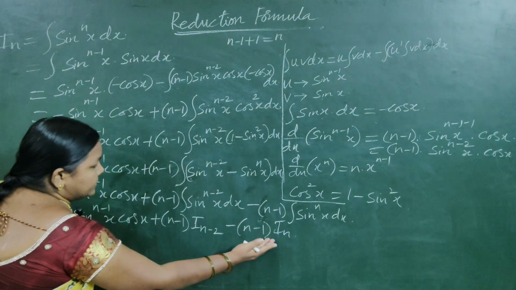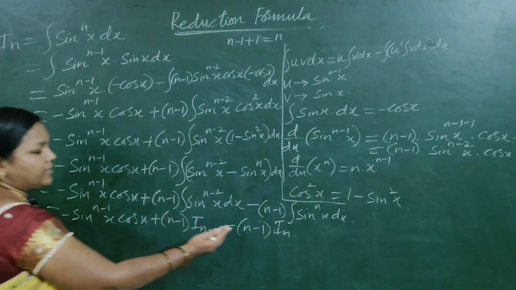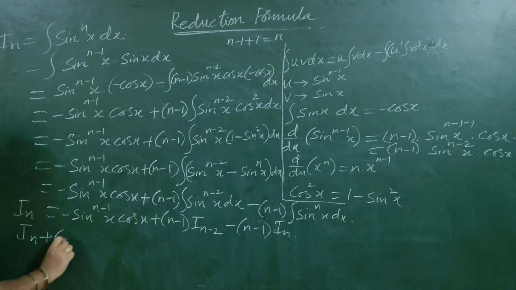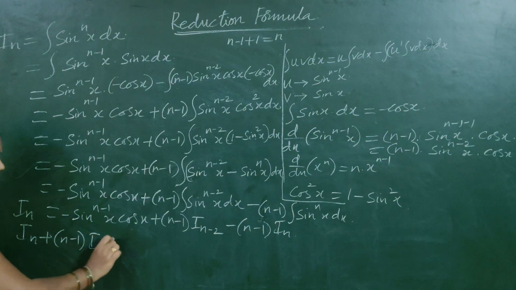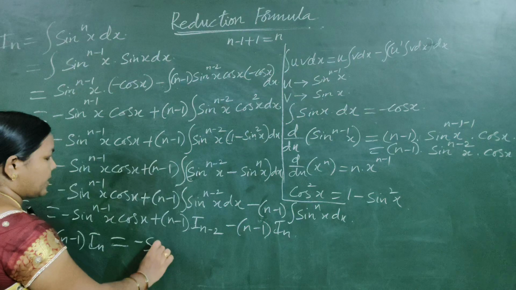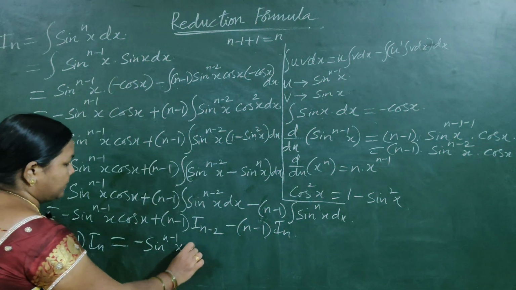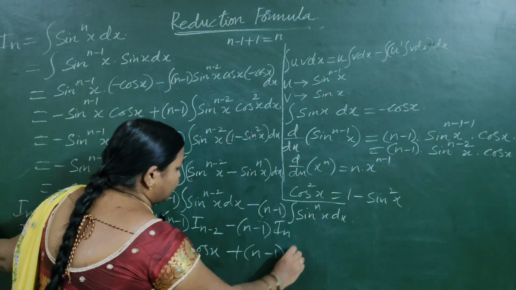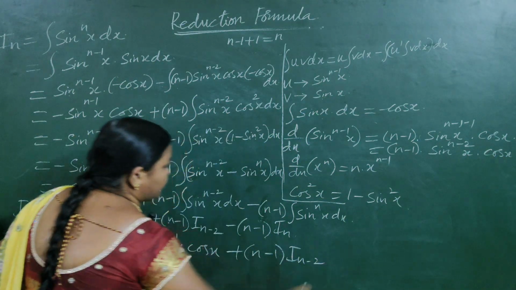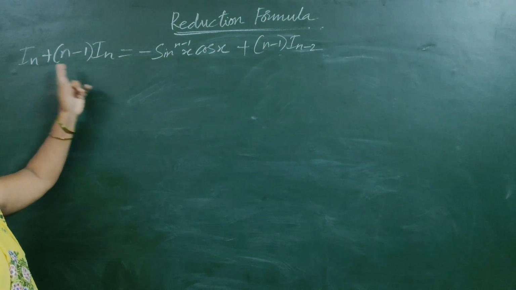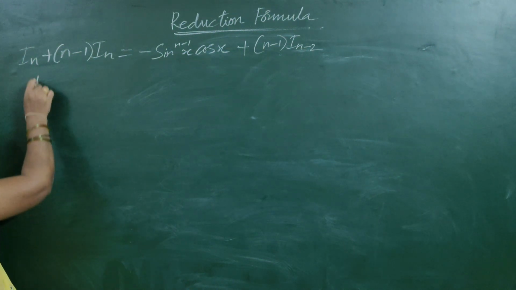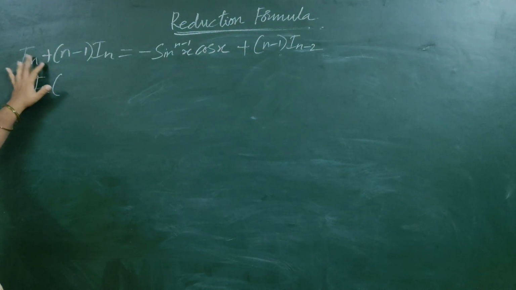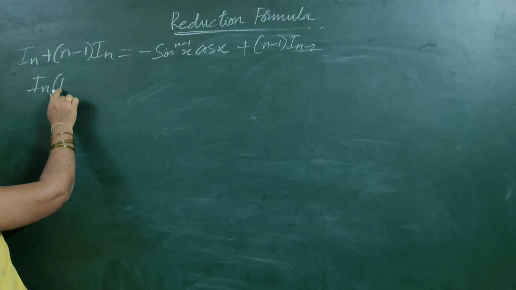When we transpose this I n to the left hand side, this minus sign becomes plus sign. That is I n plus n minus 1 into I n equal to minus sine to the power of n minus 1 x into cos x, next plus n minus 1 into I n minus 2. Here on the left hand side, I n is common, so we are taking I n as common. Then what is the remaining in the first term? In the first term, 1 is remaining.